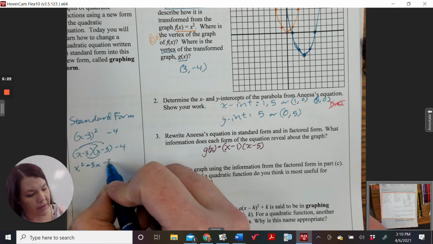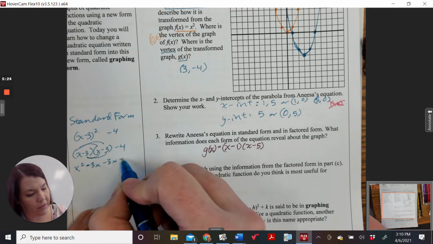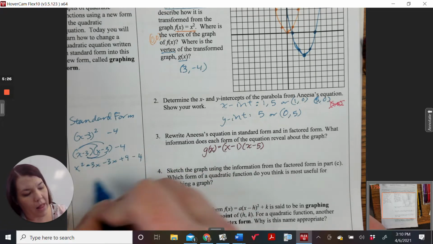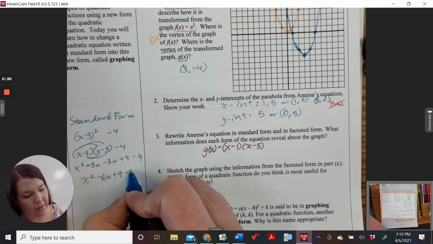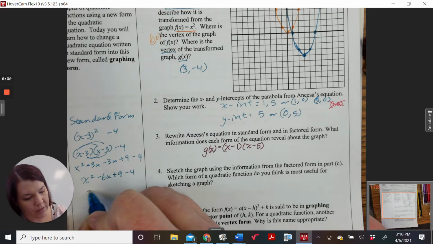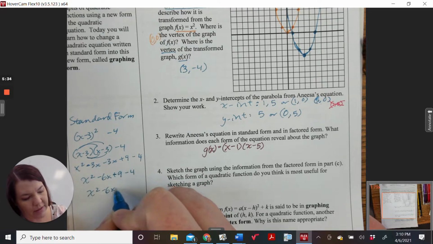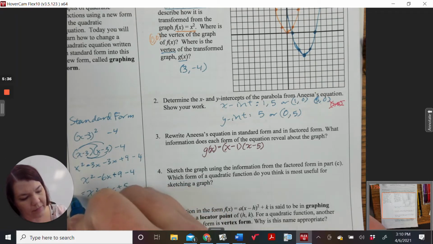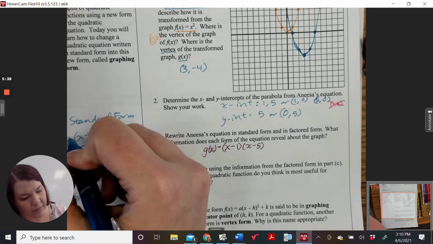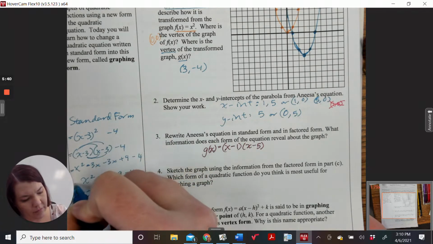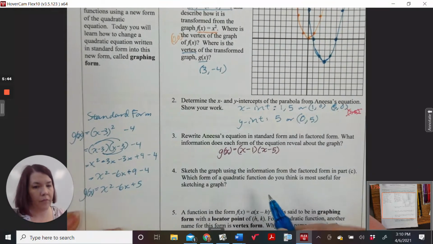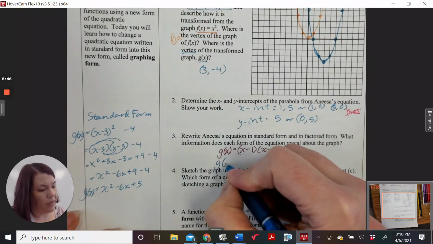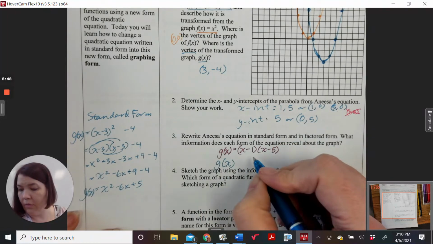Negative 3 times x is negative 3x. Negative 3 times negative 3 is positive 9. And so x squared minus 6x plus 9 minus 4. So x squared minus 6x plus 5 is g of x. Okay, so that's how I would convert it into standard form.